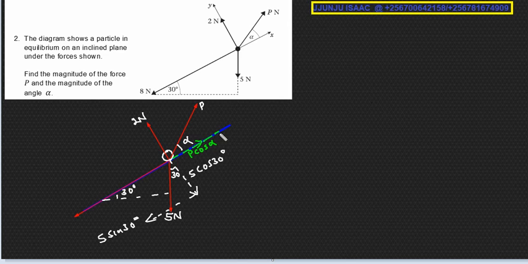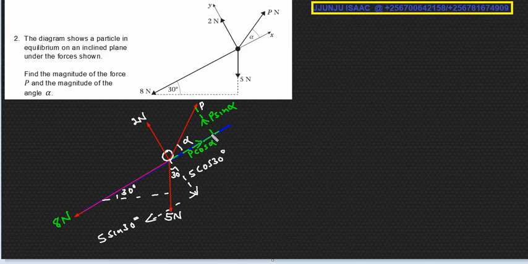Then you move up the plane and then perpendicular to the plane but in that direction. So this side is going to be P sin alpha. So don't forget that this force is also here, 8 newtons.